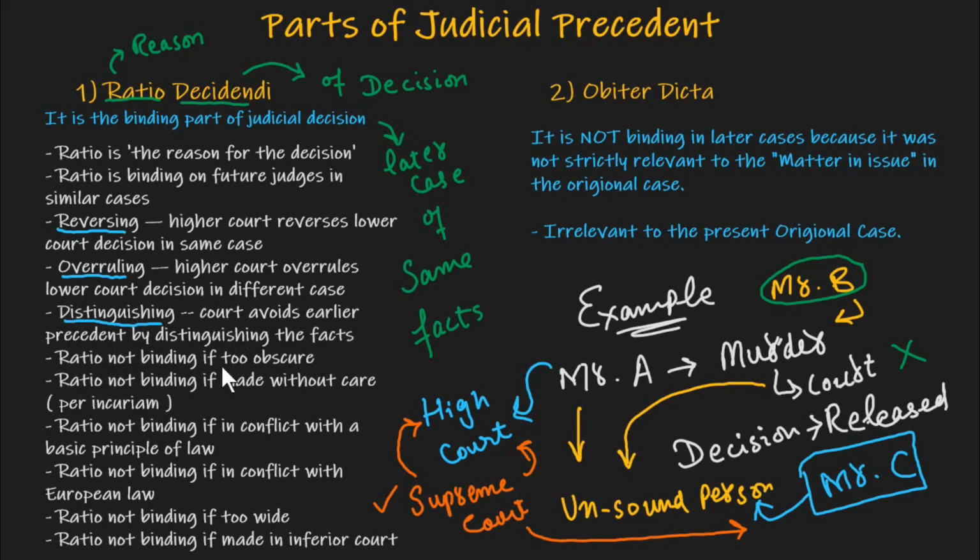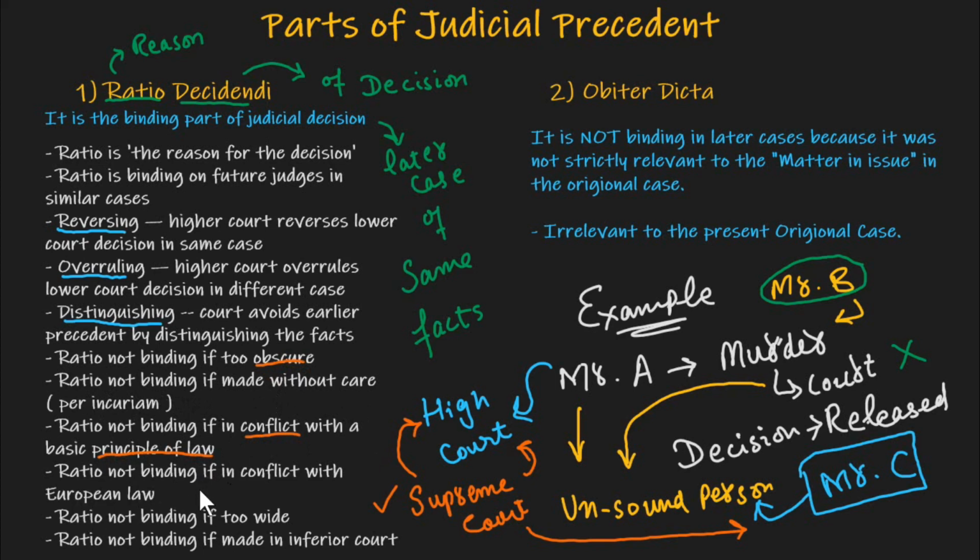Ratio is not binding if too obscure or unclear. Ratio is not binding if made without care. A ratio is also not binding if it conflicts with a basic principle of law.